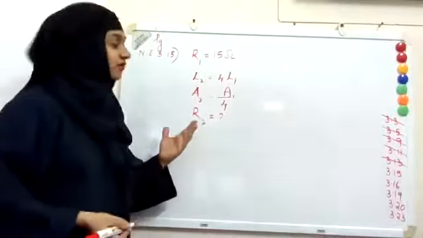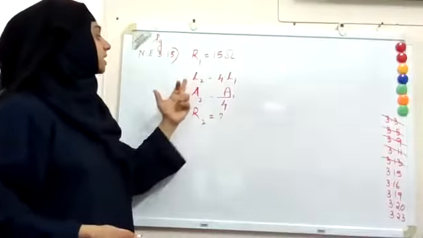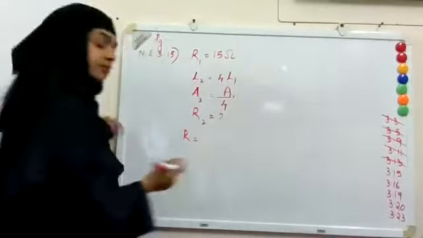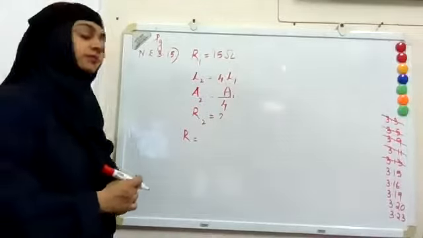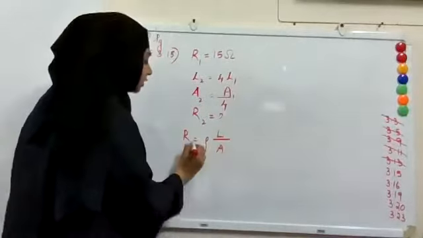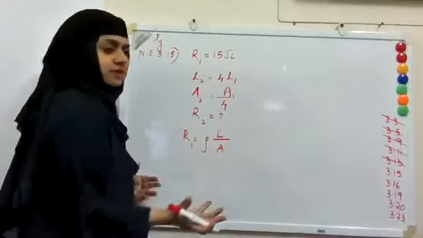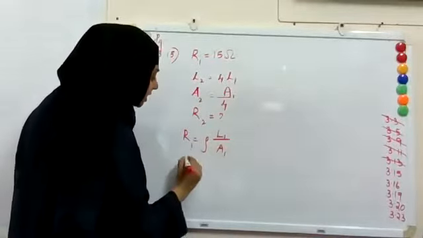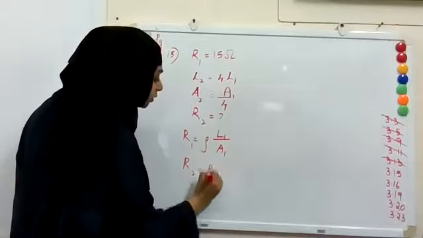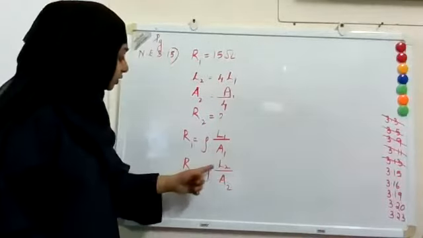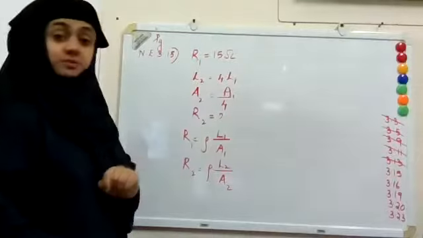Which is the formula connecting resistance, length and area? R is equal to rho L by A. So R1 will be equal to rho L1 by A1, the same material, right? And R2 will be equal to rho L2 by A2. But we know that L2 is equal to 4 times L1.